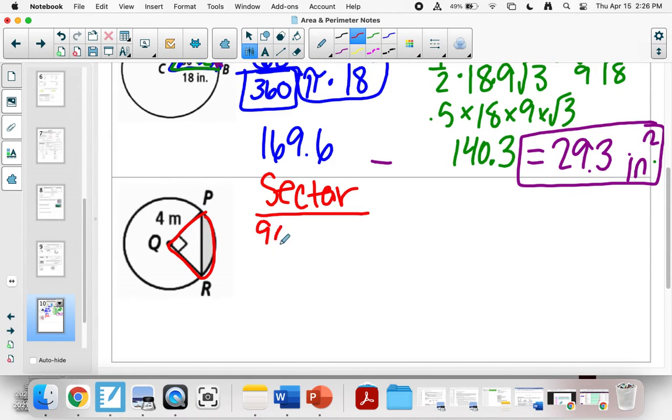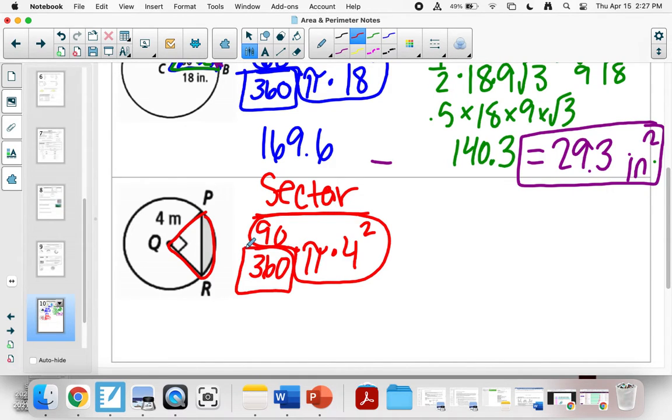So we're taking 90 over 360 times pi times, what's our r? 4, and squared. Since we have triangles a little bit, we're just going to put it all in our calculator: 90 times pi times 4 squared, and then divide that by 360.